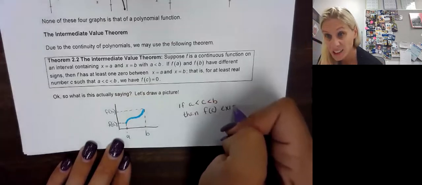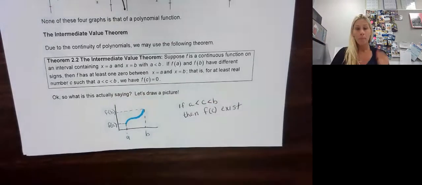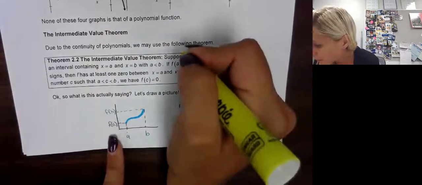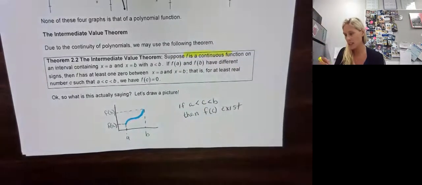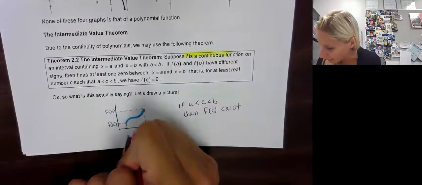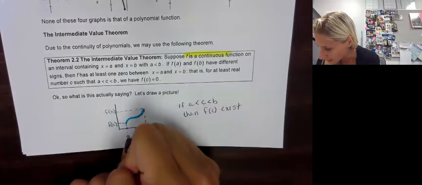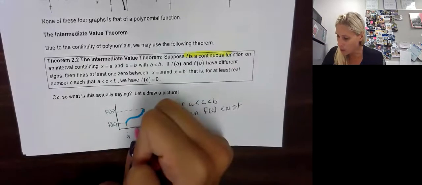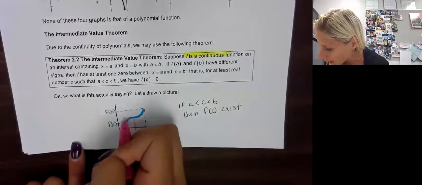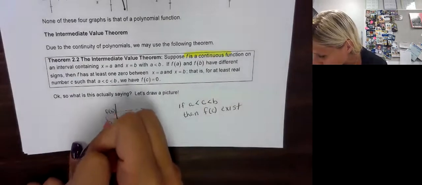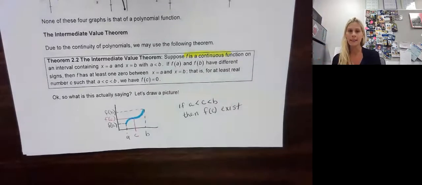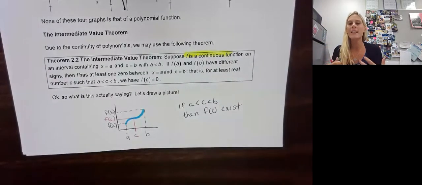This is the gist of it. One of the biggest reasons why this works is because f is continuous. So if c is between a and b, and I go up to my continuous graph, there must be an f of c that exists. This is the idea of the theorem.